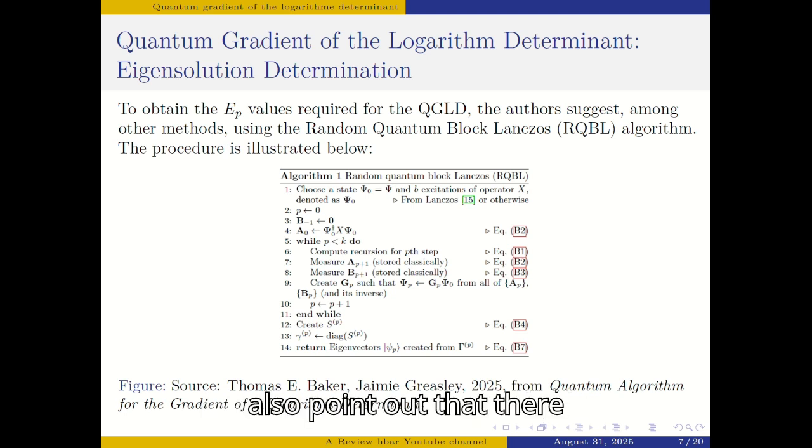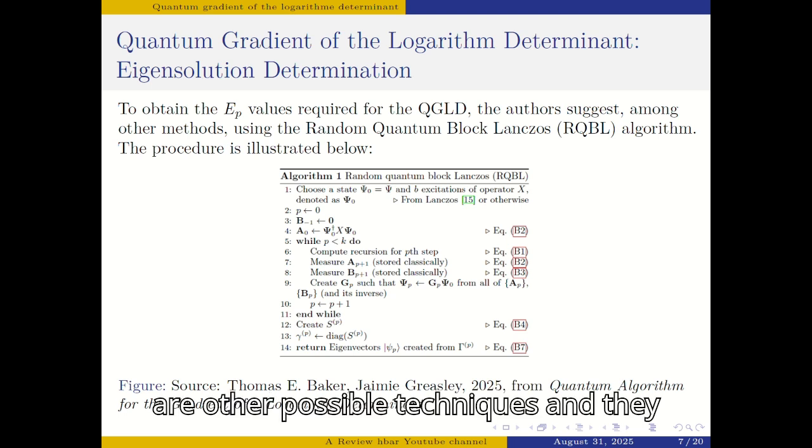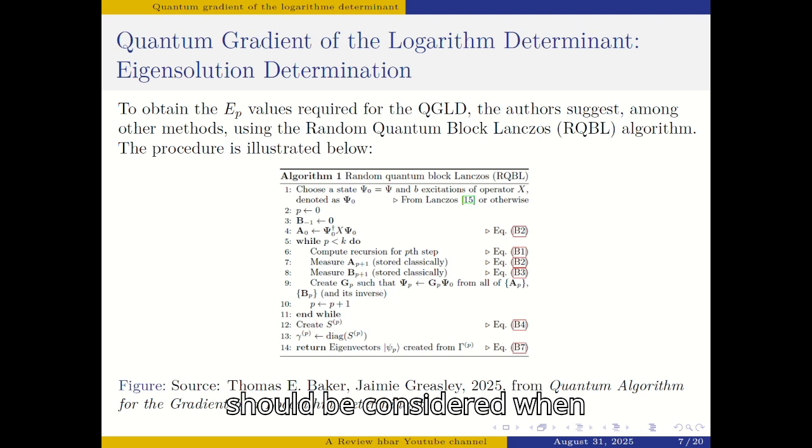However, they also point out that there are other possible techniques and they should be considered when evaluating the final computational complexity. So now we know how to obtain the eigenvalues, but what about the derivative?